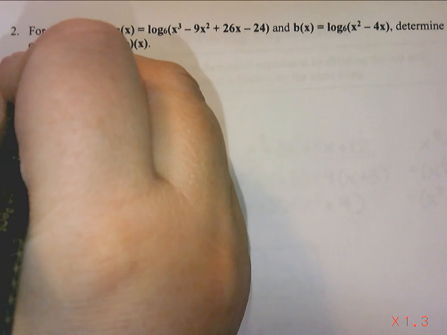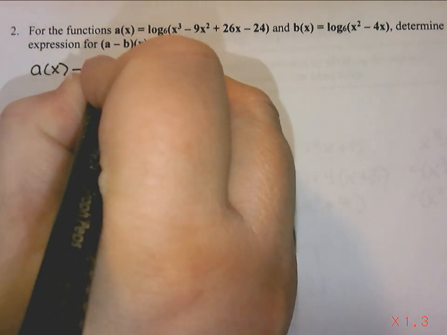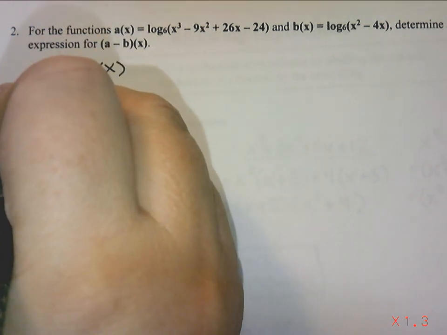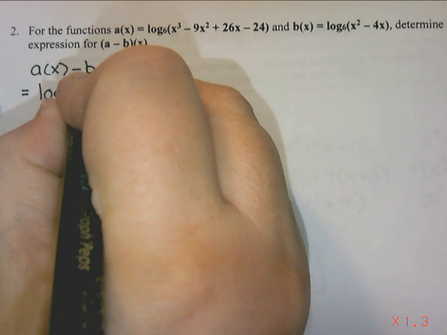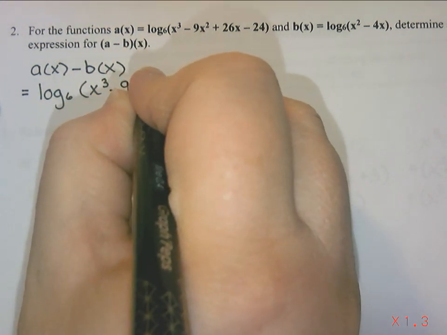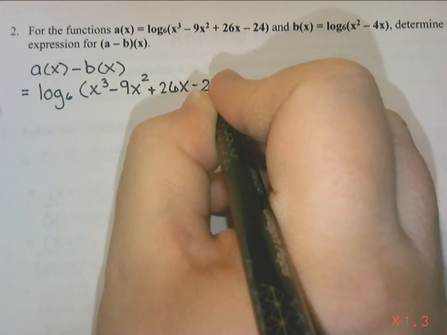X is the argument for both of them. Okay, I am going to replace a of x with the expression and b of x with its expression. So a of x is log base 6 of x cubed minus 9x squared plus 26x minus 24.